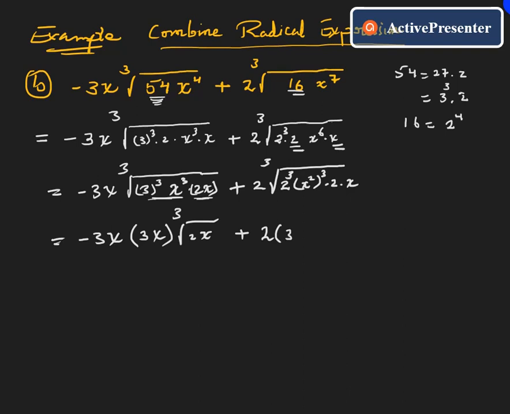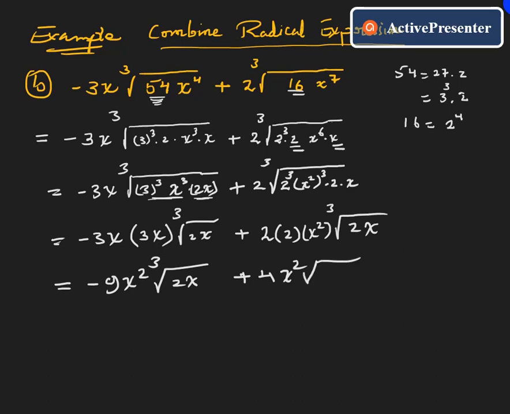3 multiplied in 2 multiplied in x squared multiplied in the cubic root of 2x, so this is equal to minus 9x squared multiplied into the cubic root of 2x plus 4x squared multiplied in the cubic root of 2x.